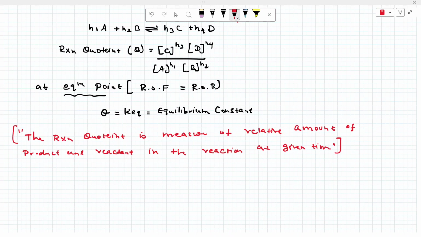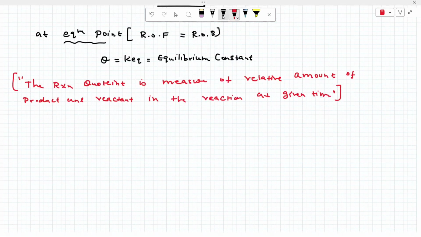Now, very important point. Listen. Based on the Q and K equilibrium values, we can find out the reaction direction. These are the three ways to predict the reaction by using this concept.